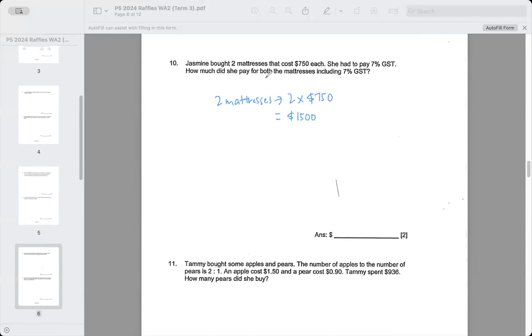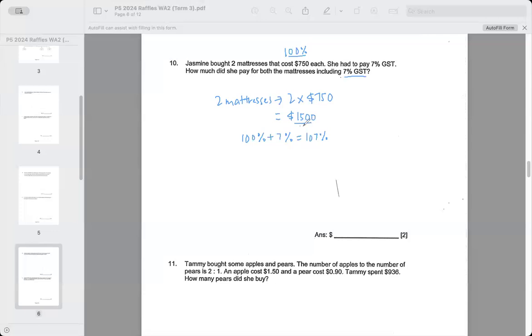So if you want to pay including the 7% GST, let me recap. The original price is always 100%. So if I want to pay 7% GST, the final percentage I have to pay is 100 plus 7%, meaning in the end I have to pay 107%.